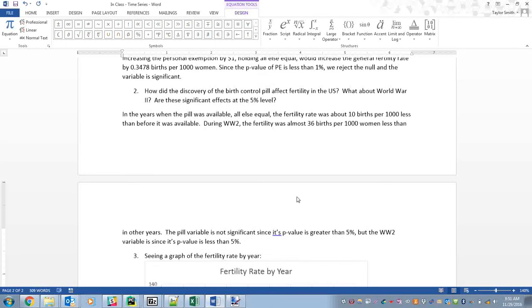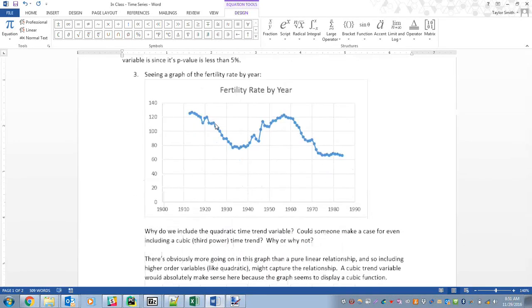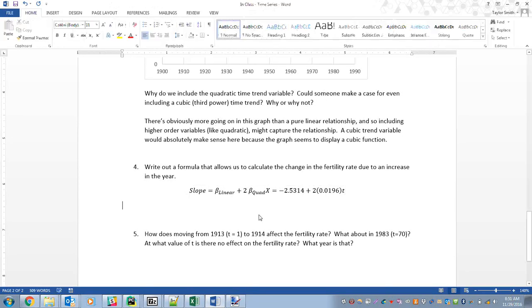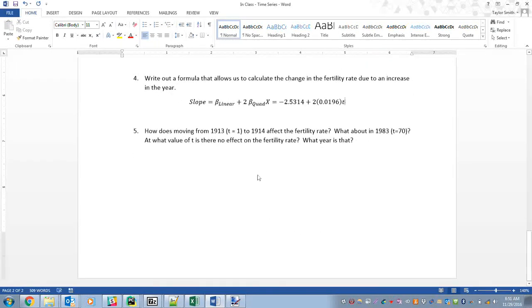Beta quad is the coefficient on our squared variable, so 0.0196. So 0.0196 times x, and in this case, our x, the variable that we care about, is t. Okay? So that is our equation, and now we're going to use that equation here in number 5.